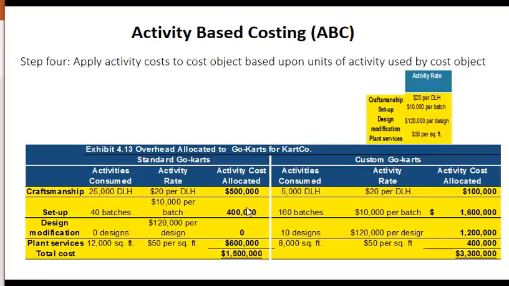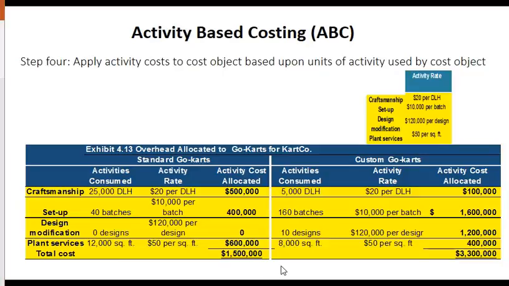So based upon activities consumed out of these particular activity pools, we've allocated $1,500,000 of overhead cost to our standard go-karts, and we see that actually we've allocated a lot more overhead costs, $3,300,000, to our custom carts, based upon the uniqueness that these custom carts have to go through a fairly expensive design process that the standard carts normally don't have to go through.